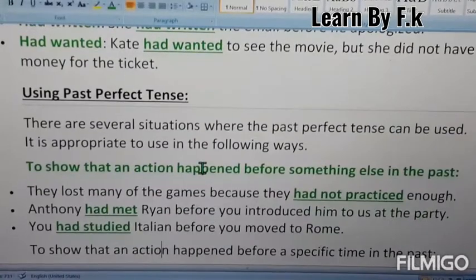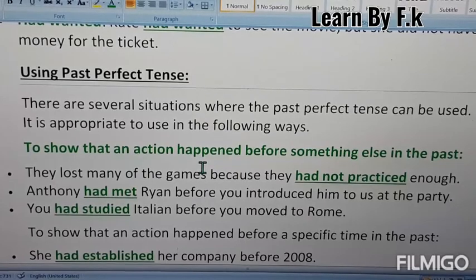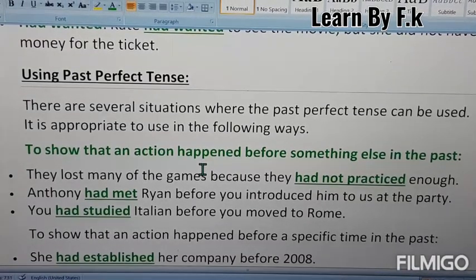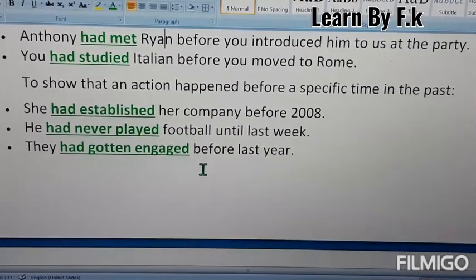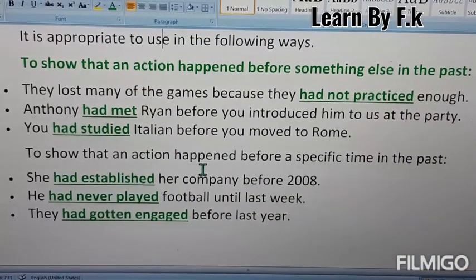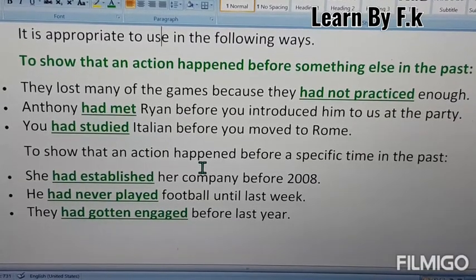Using the past perfect tense here, there are several situations where the past perfect tense can be used. It is according to the following ways: to show that an action happened before something else in the past. As I told you, there are two activities in the past.